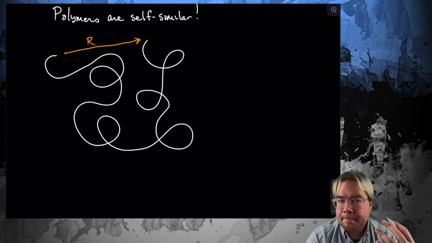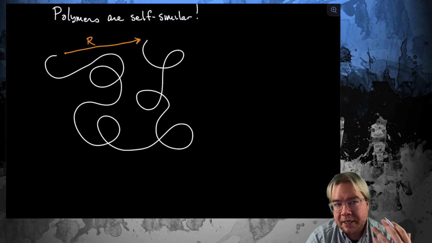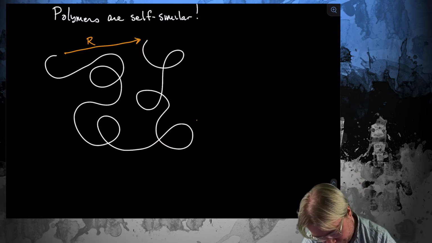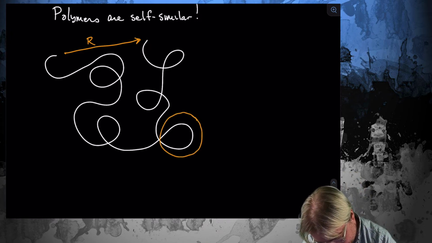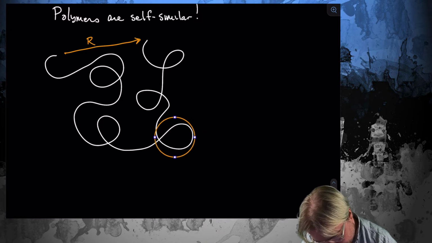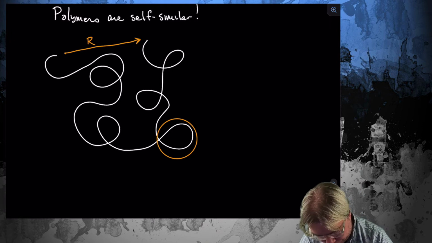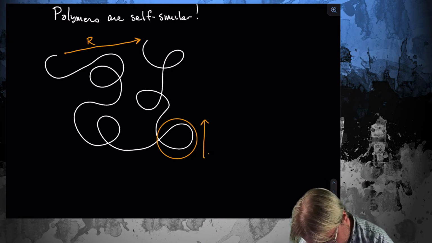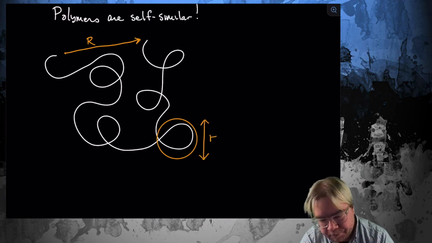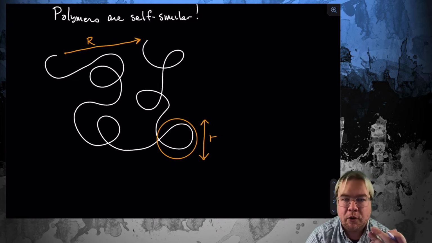But there's more to it than that, because if a polymer chain is self-similar, then if I was to look at a smaller length scale, then I could characterize the size of this also, maybe by a smaller size. Let's call it lowercase r. And both capital R and lowercase r would depend in the same way on the number of monomers that are within these regions.